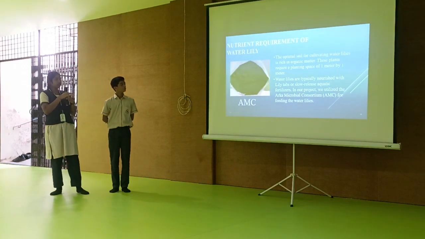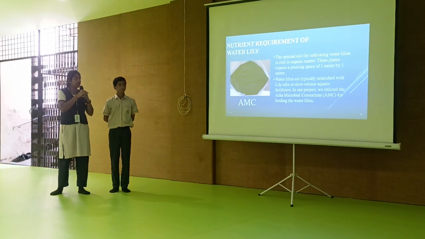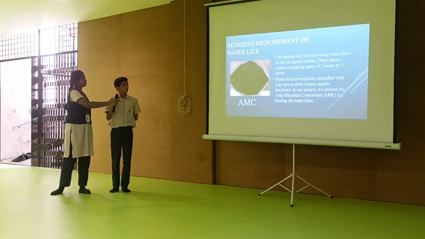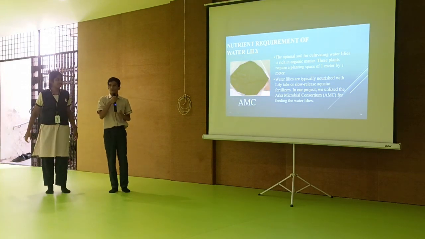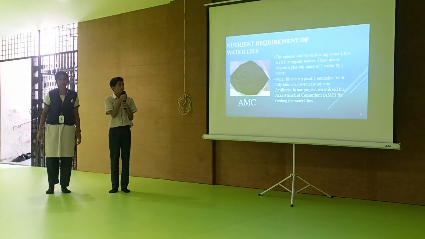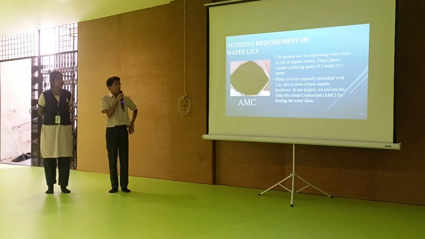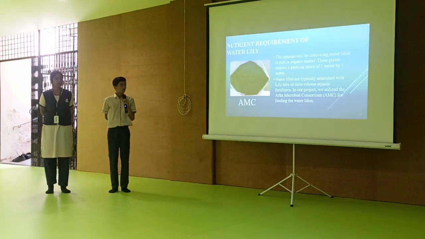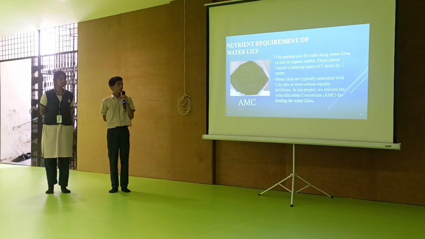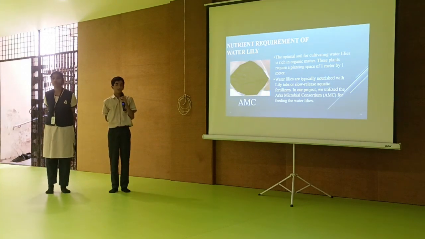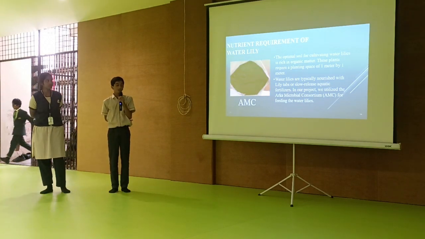Nutrient requirement of water lily. The optimal soil for cultivating water lilies is rich in organic matter, and these plants require a planting space of 1 meter by 1 meter.